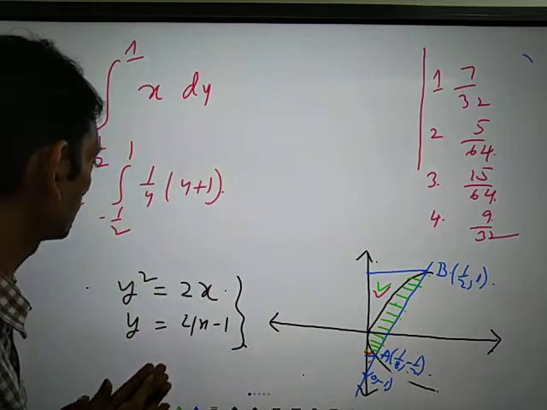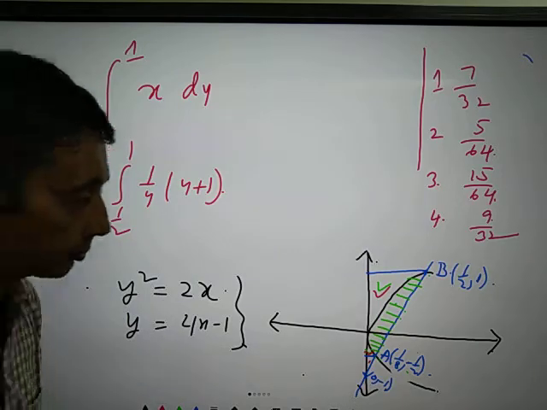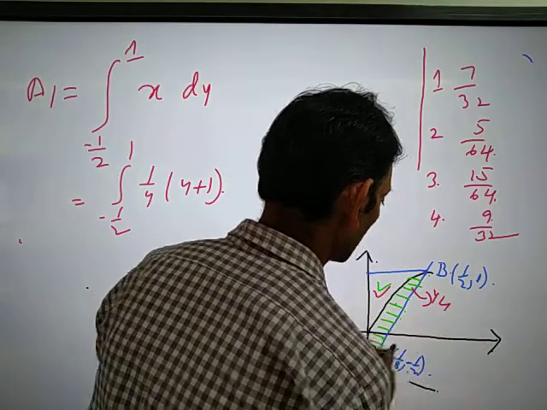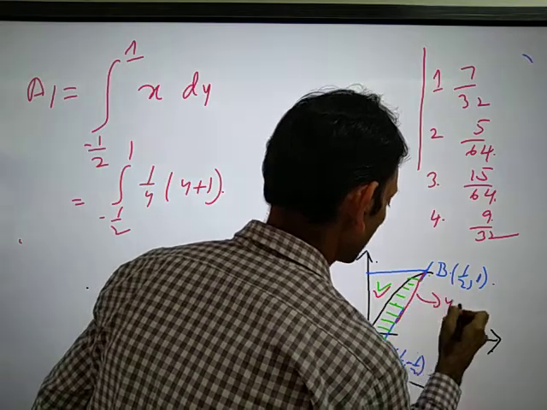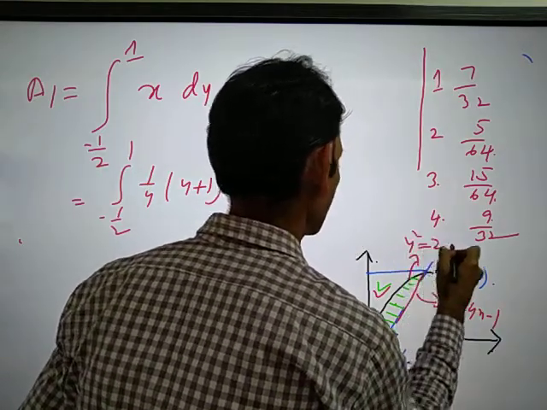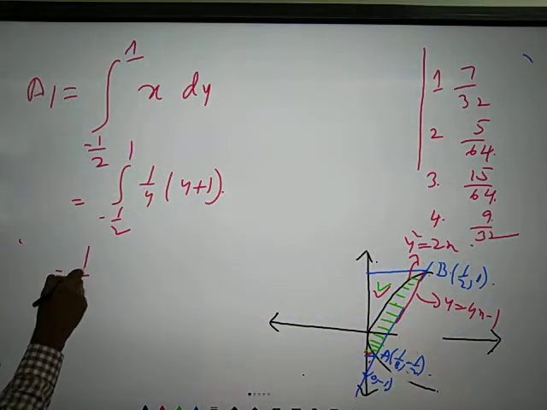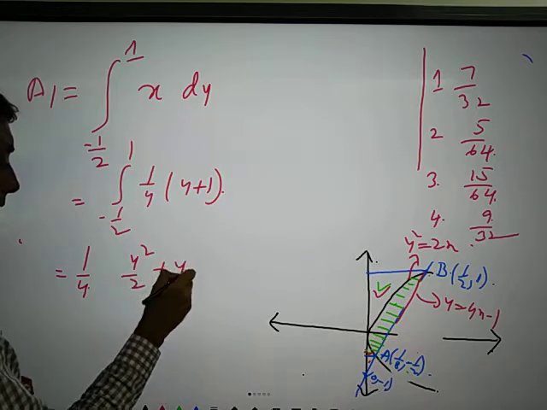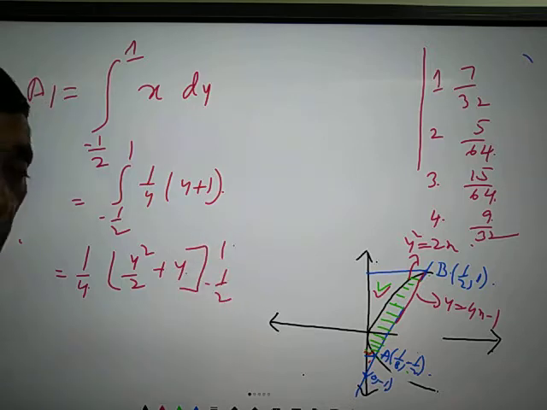The equation of the line is y equal to 4x minus 1, and the equation of the parabola is y squared is equal to 2x. If we integrate, we get 1 by 4 times y squared by 2 plus y, from minus half to 1.